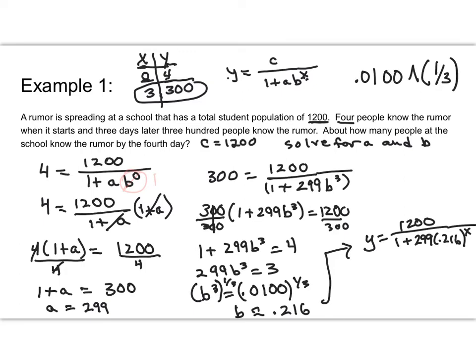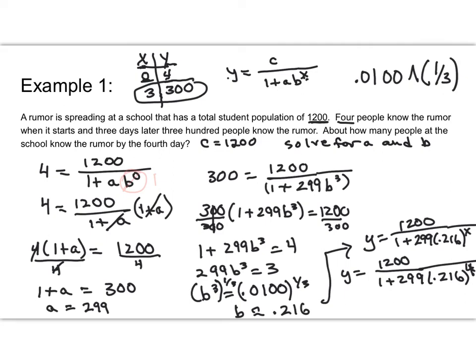And now to answer my question, how many people at school know the rumor by day 4? I plug it into my equation. I'm trying to find out how many people, and I do know that the day is day 4.